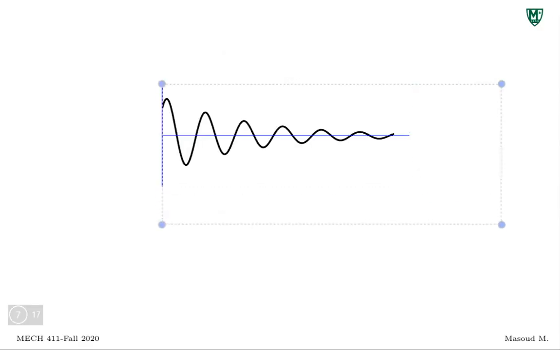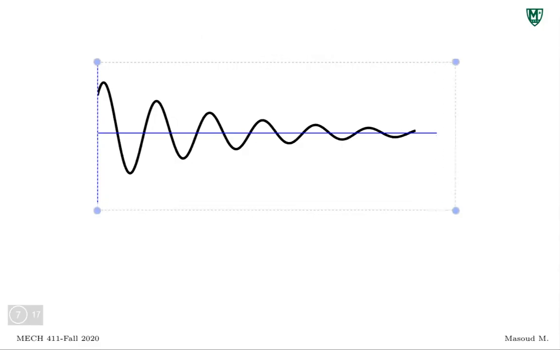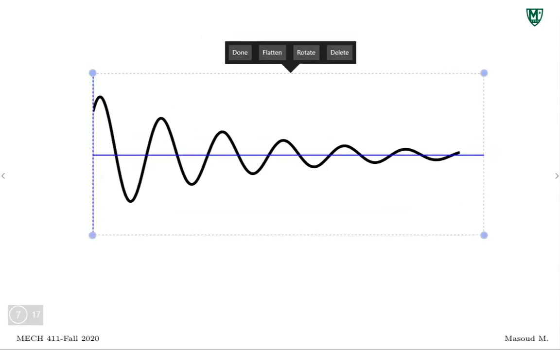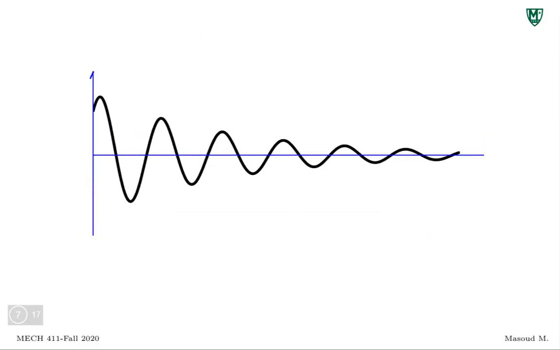Let me bring the figure because I realize that I can probably never draw it the way I should. Here's the response. There we go. So if I plot that response, x of t, this is x of t, this is time, in seconds, and x of t depending on the unit, meter, millimeter, centimeter.